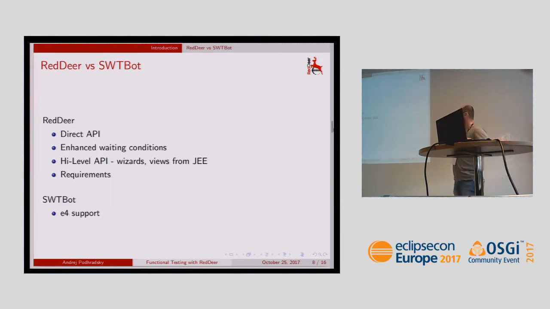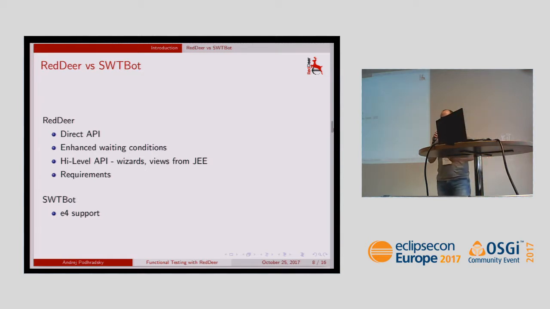And here are differences. We try to use direct API so that we can save time during the tests. We use some enhanced waiting conditions. We also provide high-level API.